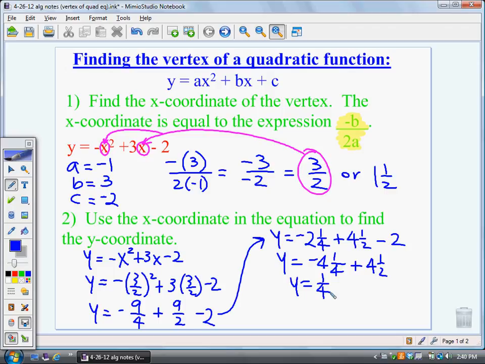And now you're ready to write your vertex. We just found y, we found x up there. So it's 1 1/2, 1/4. And that's where the vertex would be. And from there you would find other points and you'd be able to graph it.